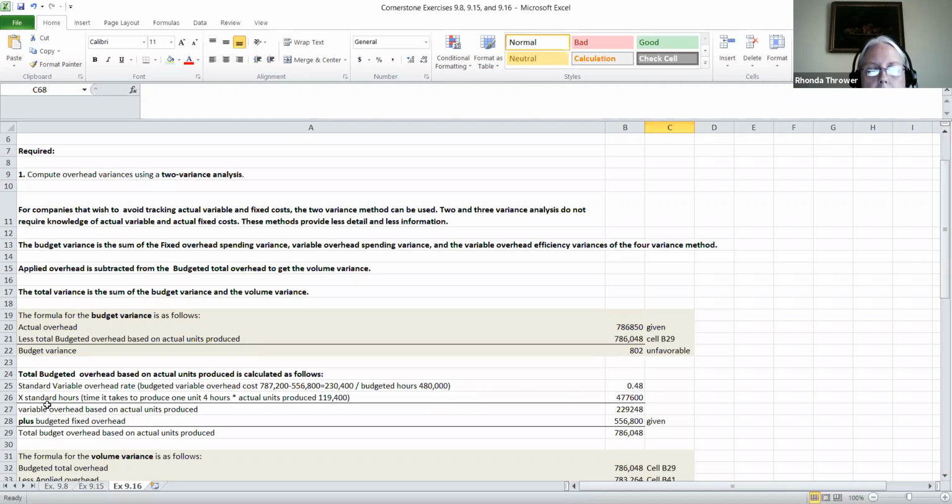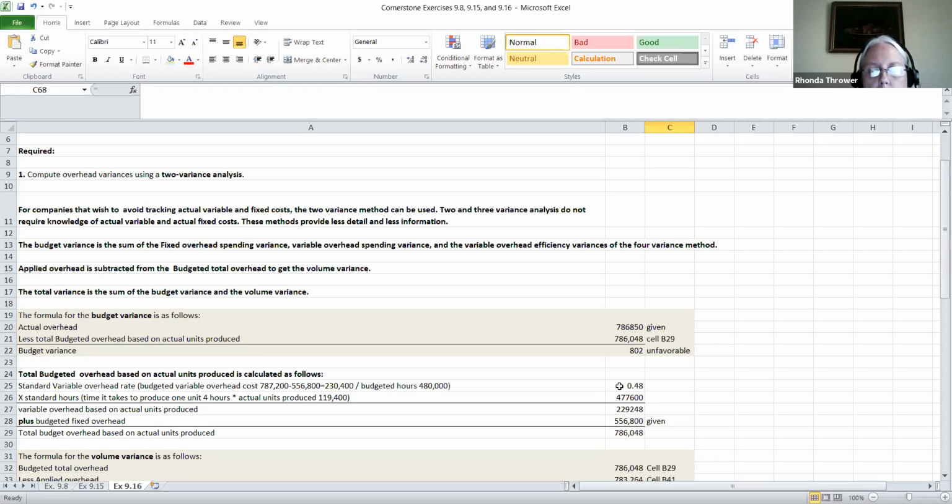We're going to multiply that by the standard hours. The standard hours is the time it takes to produce one unit. And you'll remember from the last exercise, we found that it took 4 hours to produce one unit. We're going to multiply that by the actual units produced, which was the given units. What that will give you is the standard hours.